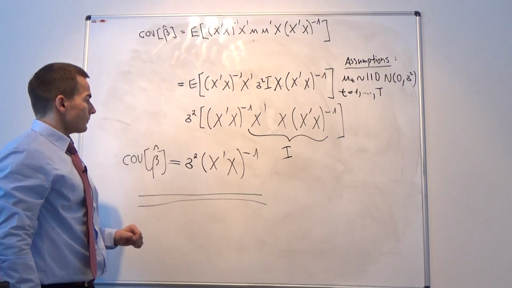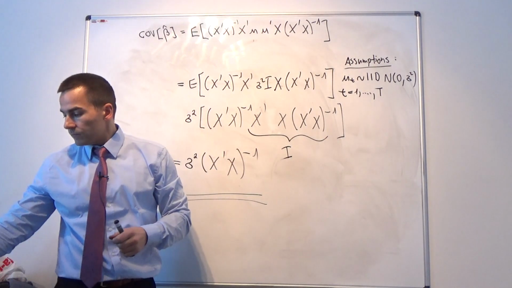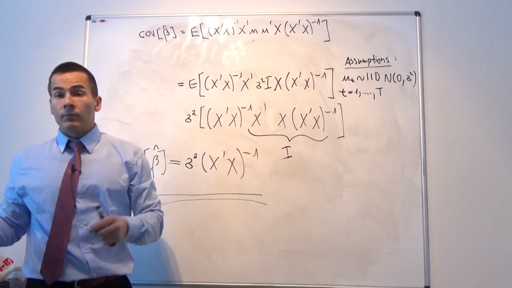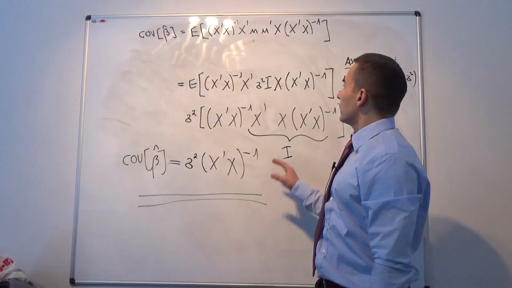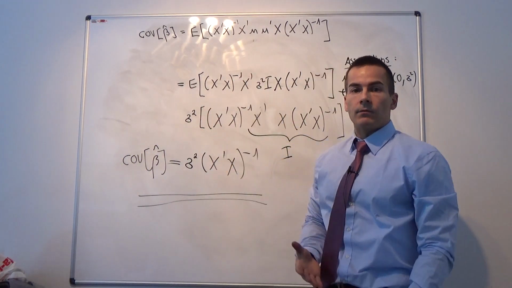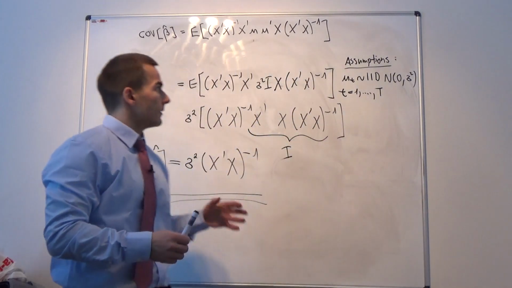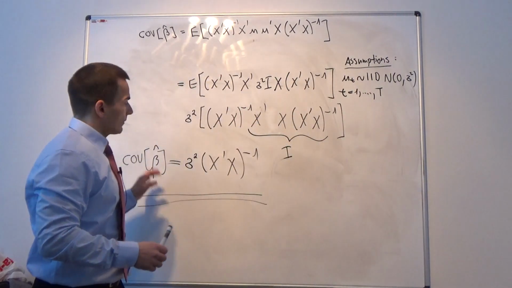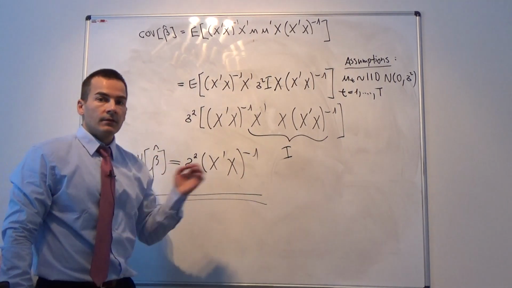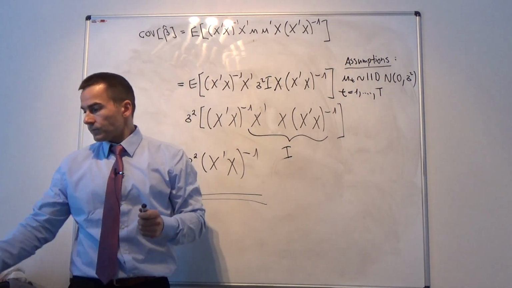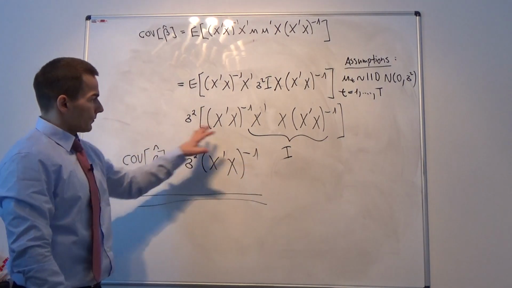It's important to bear in mind that this only holds if our assumptions are satisfied. Only then can we estimate the covariance matrix like this and use the standard t-statistics. So, what is this? What is that?